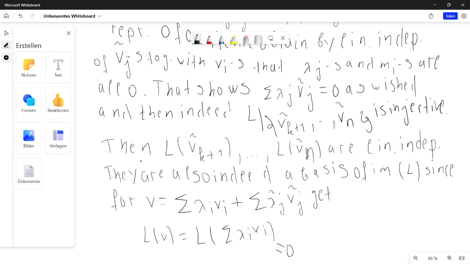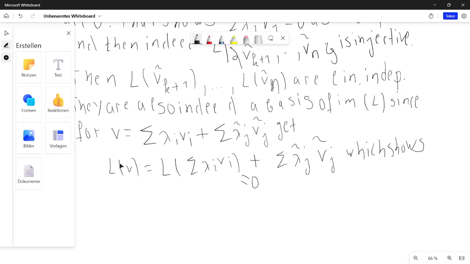That was the basis of the kernel, so each of these vectors in the kernel gives zero, plus the lambda_j times the images, which shows that every vector in the image, so we have taken v, applied L, and obtained any possible vector of the image by definition of the image, right?